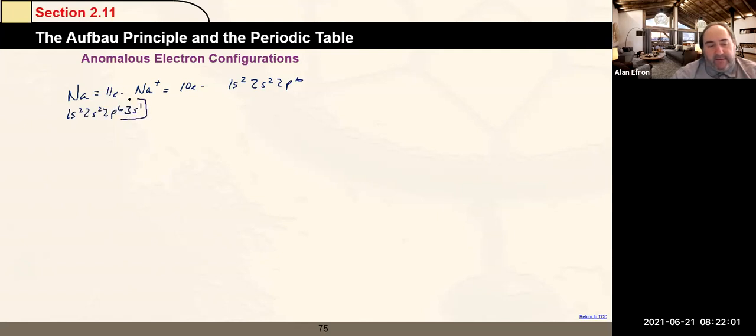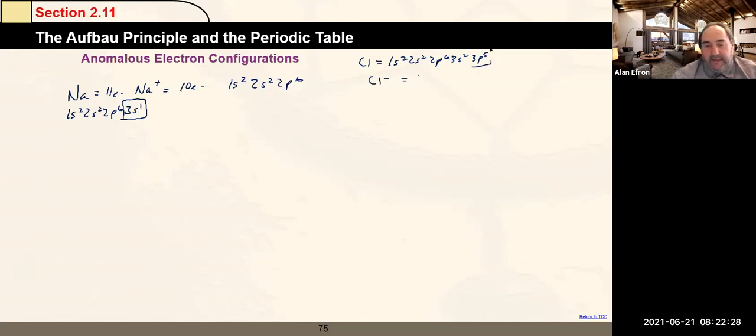It loses that valence electron, as we talked about, basically the last one that came into the configuration. Same thing with chloride, for example. Chloride will actually gain an electron. So chlorine, which is 17, 1s2, 2s2, 2p6, 3s2, and 3p. 1, 2, 3, 4, 5 there.